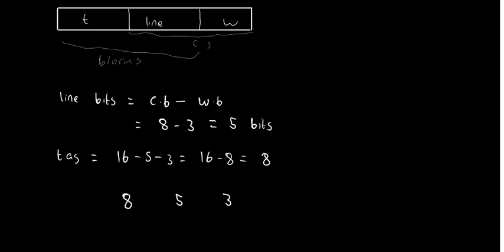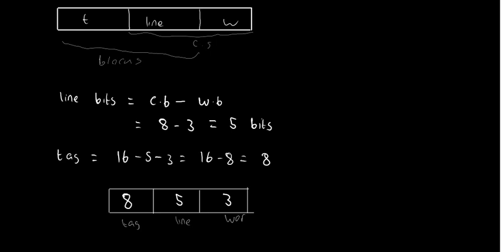This is tag, line, word, so this is how things are demarcated, and how you would draw this. So 8 bits, 5 bits, 3 bits. This is the first part of our question.